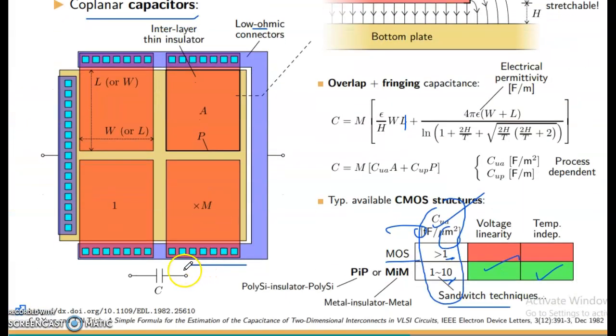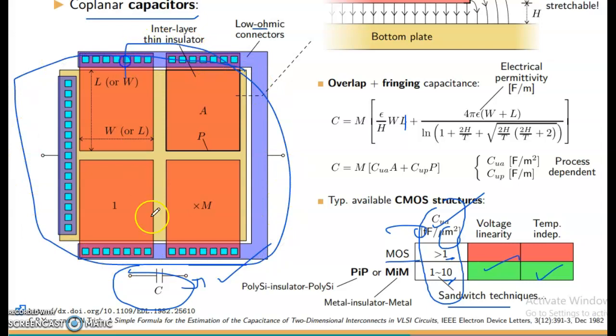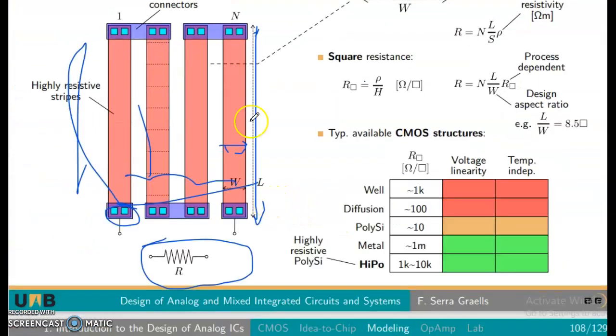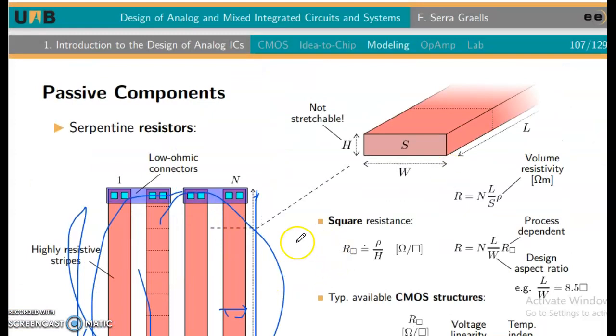I told you here this is wrong. This total is considered as a capacitor. Sorry, this total is considered as a capacitor. From this point of view we explain. Here this total is the resistance.